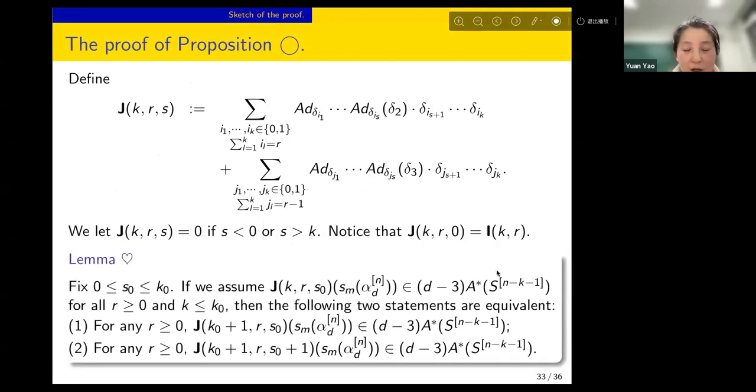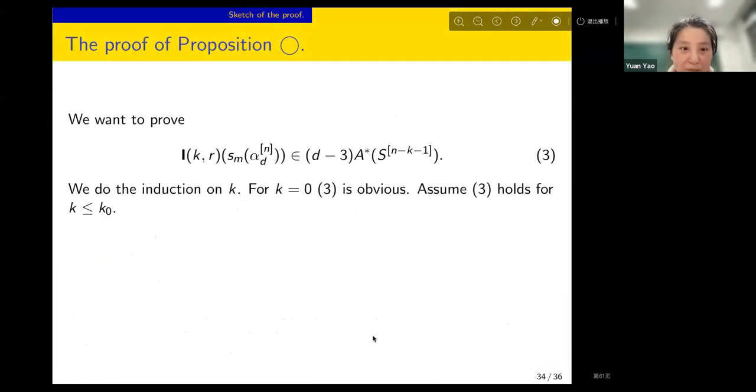And we use the induction again. We use a lot of inductions, and there are a lot of complicated notations, so it's a bit technical. But it somehow is very geometric, right? You see this delta, it seems like some map, but it comes from geometry. Now that's what we want to prove, and this proves proposition circle.